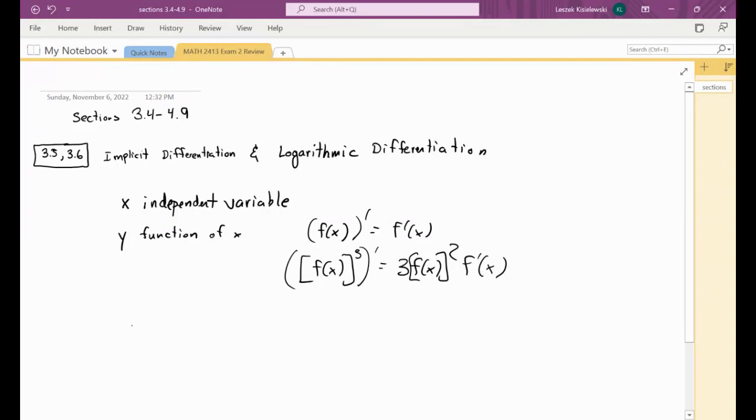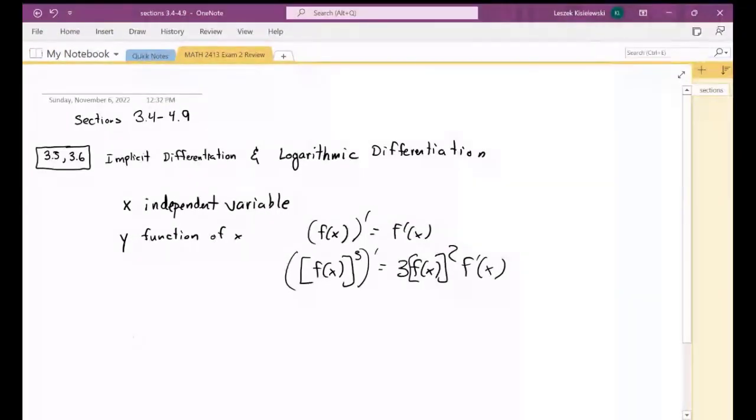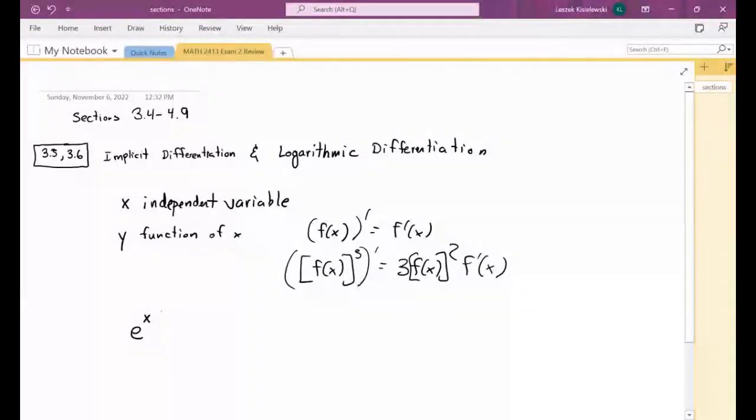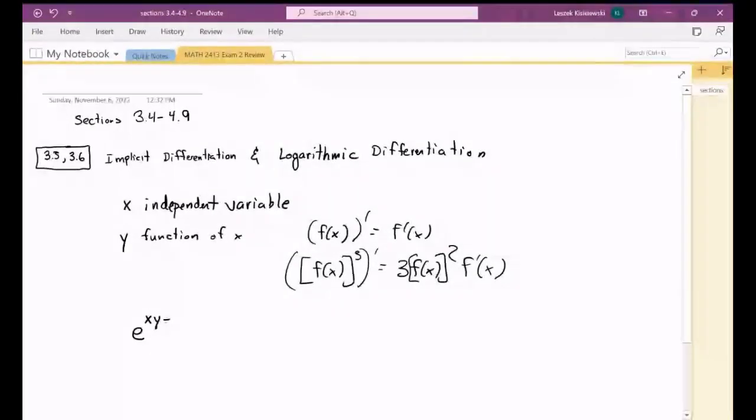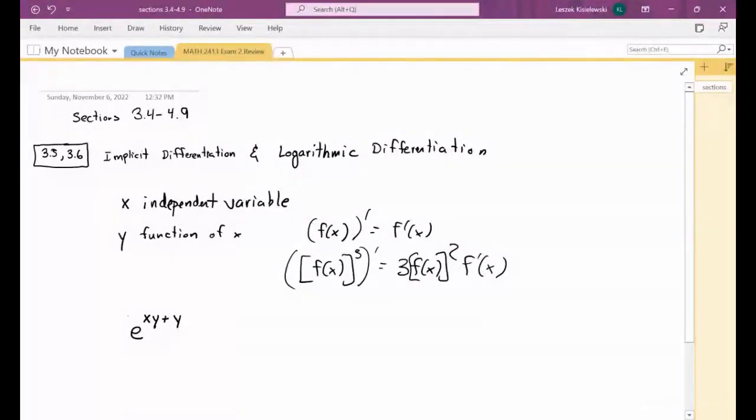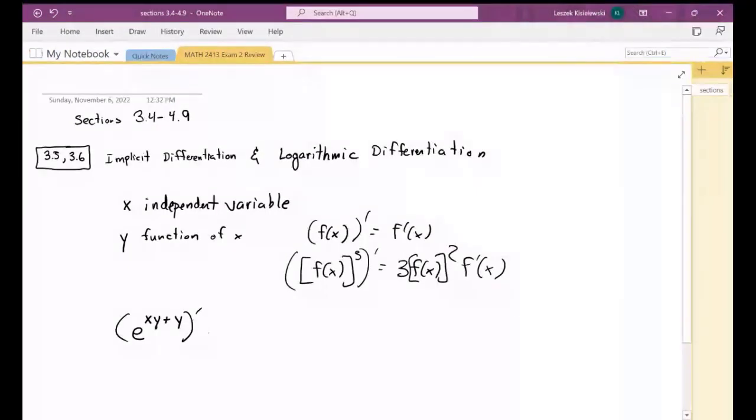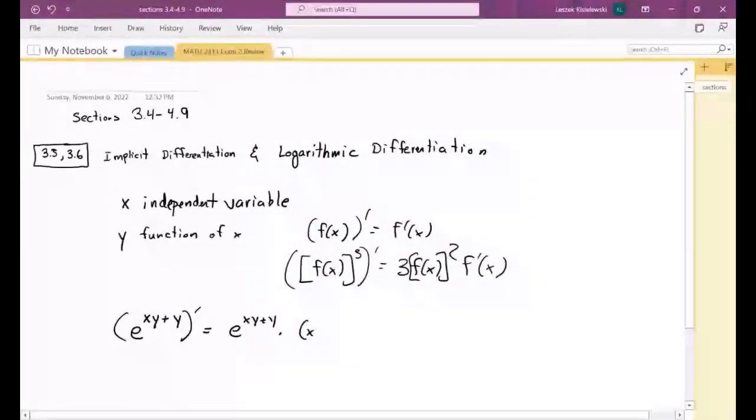So for example, if we want to differentiate this with respect to x, and we know that y is an unknown function of x, we would, as always, just differentiate an exponential, and then times apply chain rule.